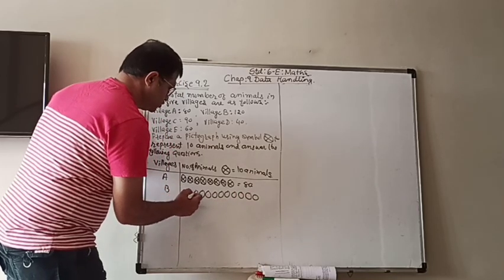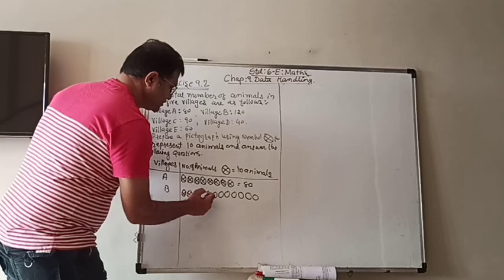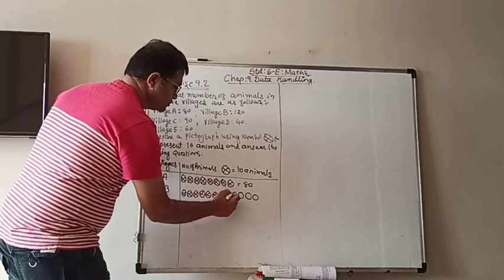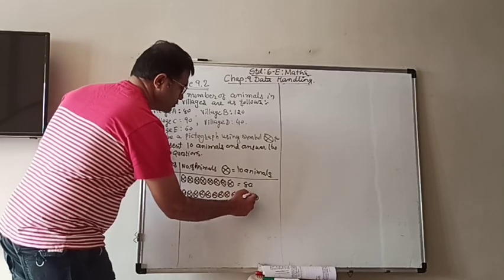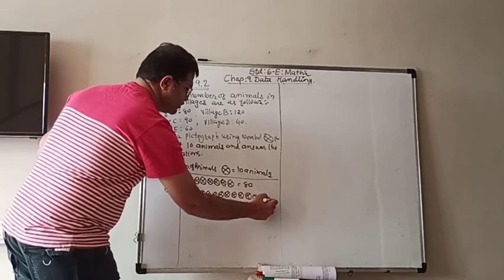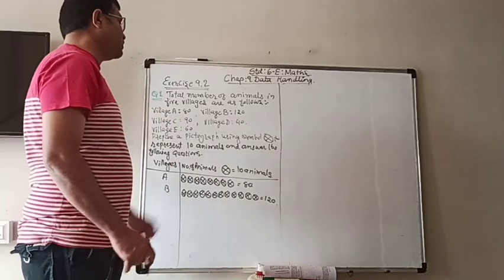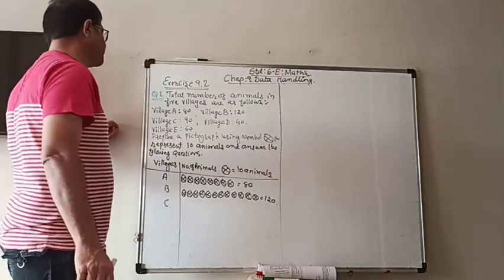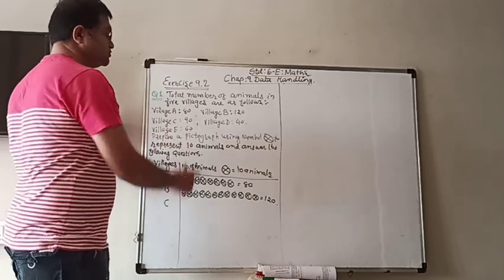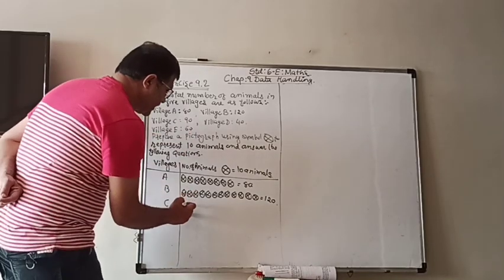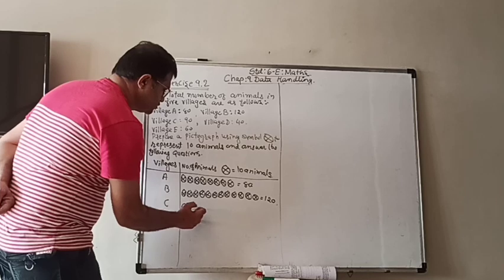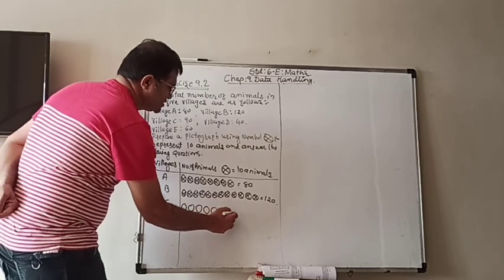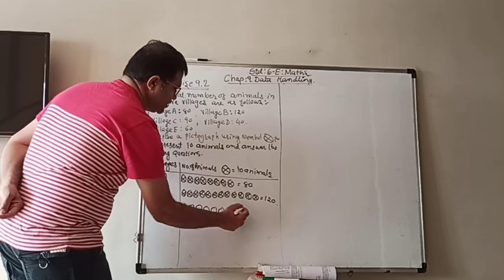So we have to draw 12 symbols like that. Twelve symbols is equal to 120 animals. The next village is village C and it has 90. So we have to draw 9 units like that. 1, 2, 3, 4, 5, 6, 7, 8 and 9.